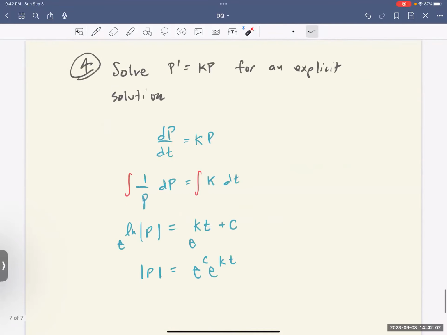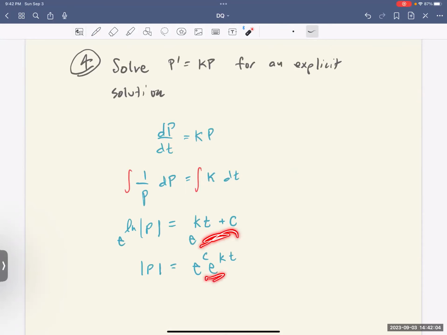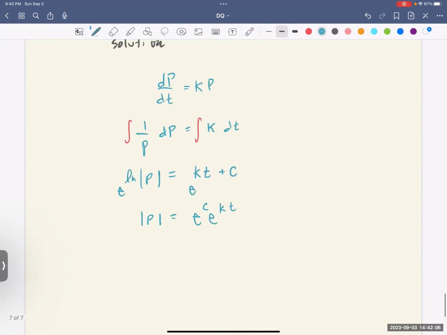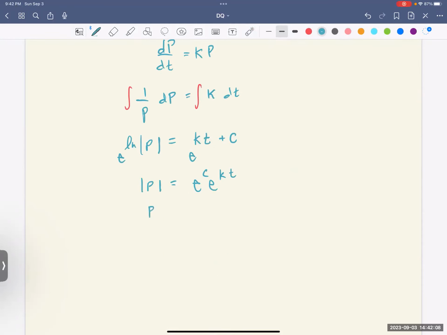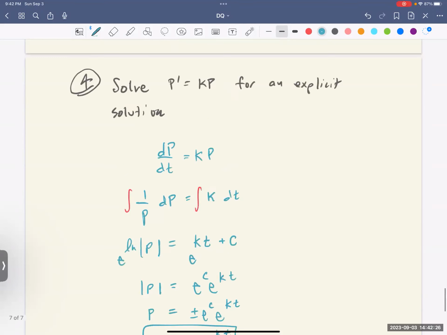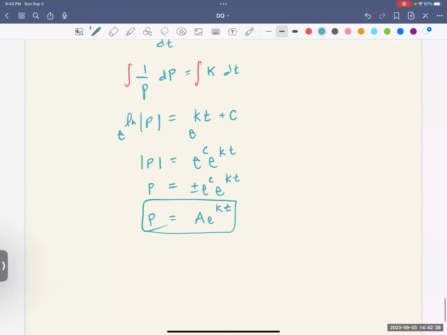We're doing a similar thing right here. So let's drop the absolute value bars. Let's do plus or minus e to the c, e to the kt, and then let's rename. Let's make p equal to a e to the kt. There's our solution. And it's explicit because we have p equal to just something in terms of t.